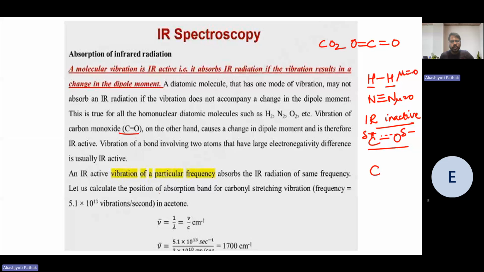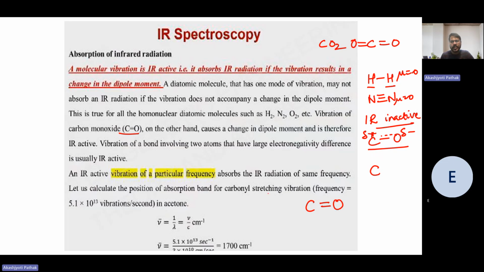Let us calculate the position of the absorption band for the carbonyl stretching vibration. Each of these functional groups, like the carbonyl functional group, the aldehyde functional group CHO, and the carboxyl functional group, is associated with a particular vibrational frequency.